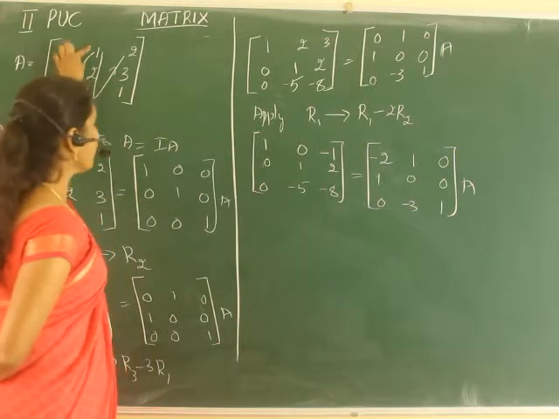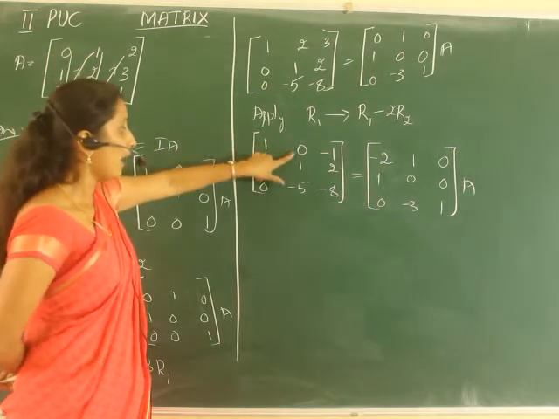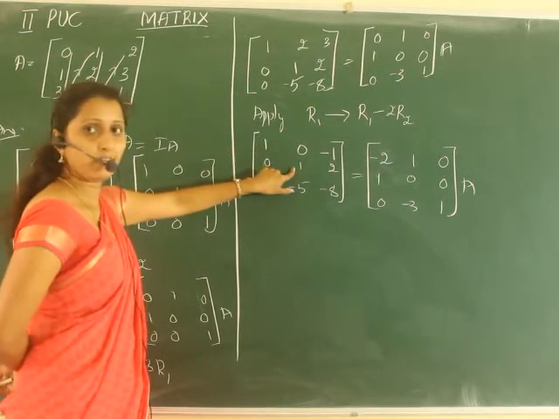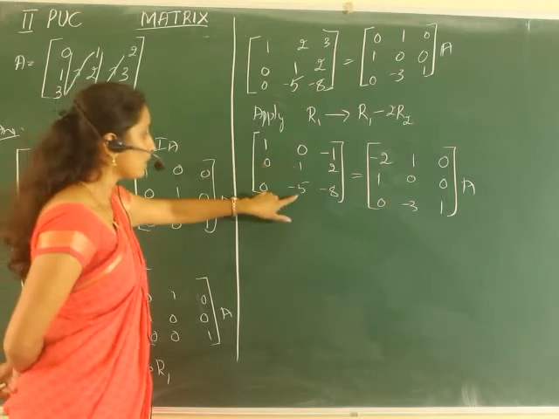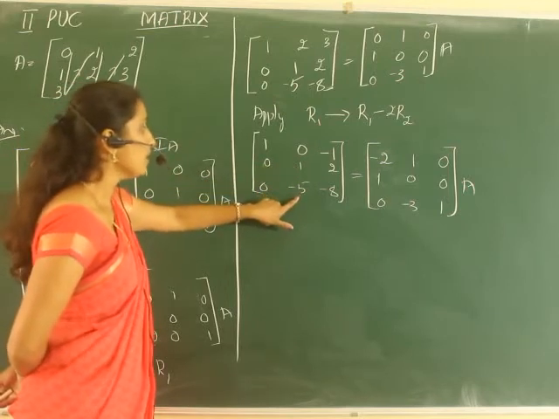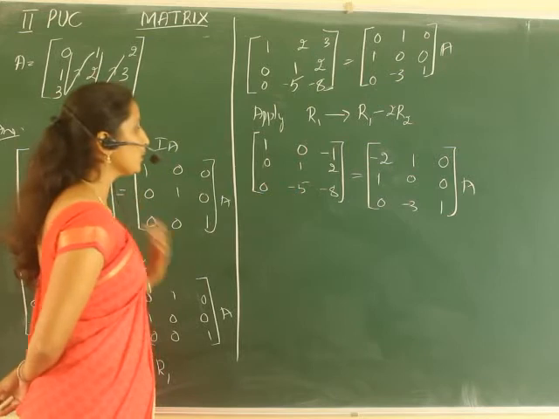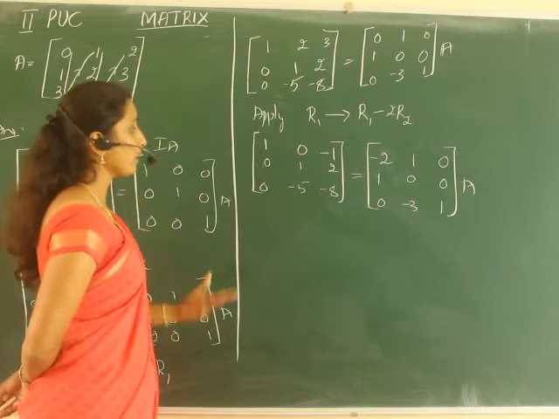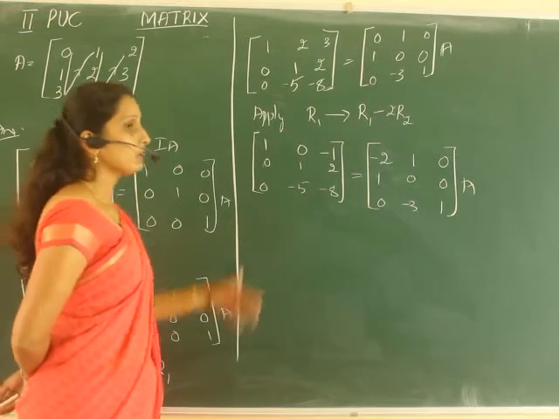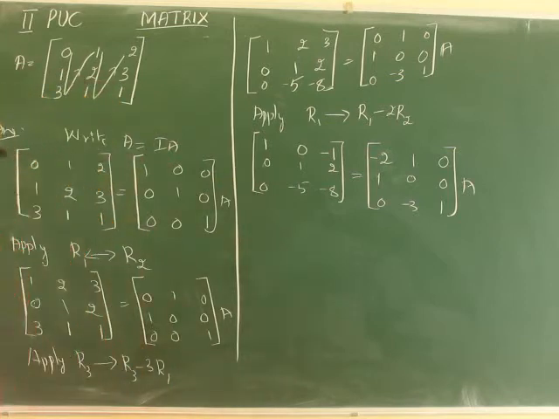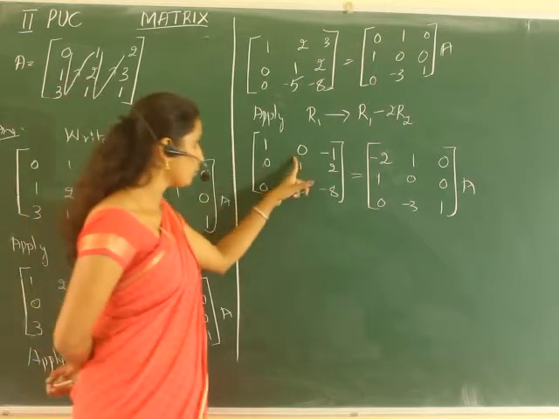Then I have to go to this element. So here 0, and next it should be 1. It is already 1. No need to change again. So go for this element, minus 5. I have to convert this minus 5 to 0. So how can I convert this to 0? To convert it to 0, always we have to use one more row. So now I cannot use R1. I have to go for R2.